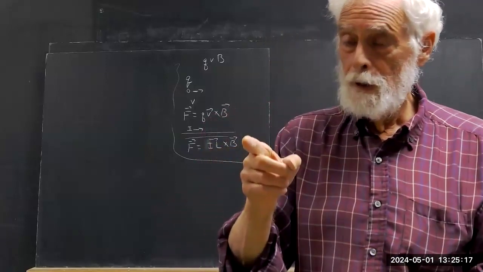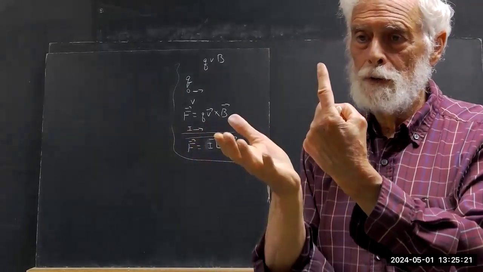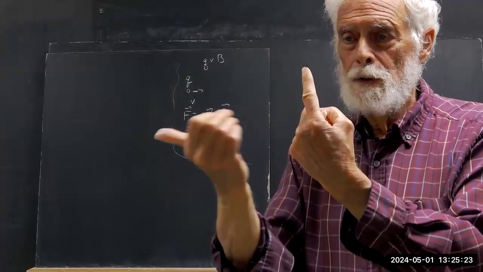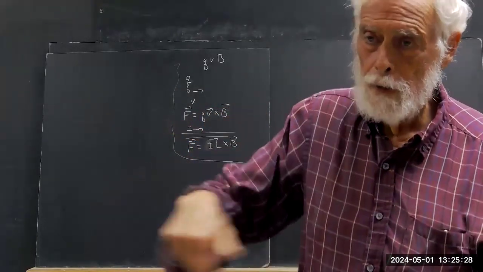So it'll turn a little bit, and now it's turned, magnetic field is still here. You do your QV cross B, and you get the force in this direction, always perpendicular. That's going to cause circular motion.